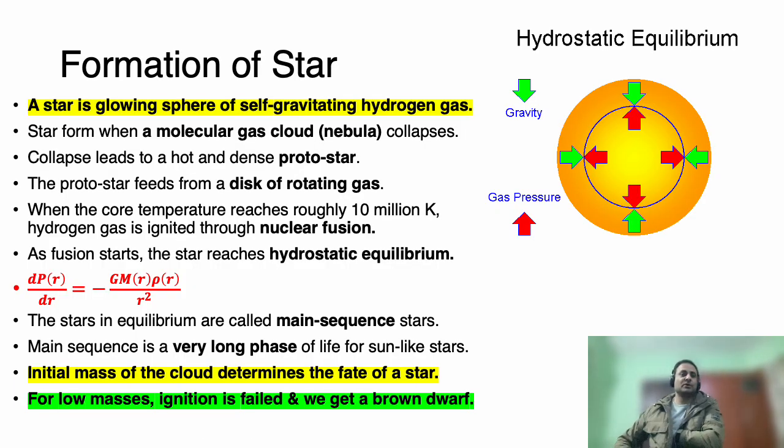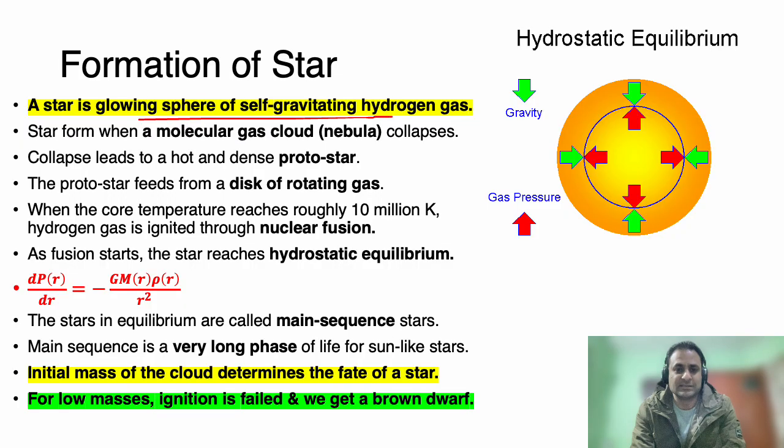So yeah, now we come to our main question: how do stars form? So what is a star? A star is a glowing sphere of self-gravitating hydrogen gas. So it's a gas cloud that is sustaining itself due to gravity, and it's also glowing.